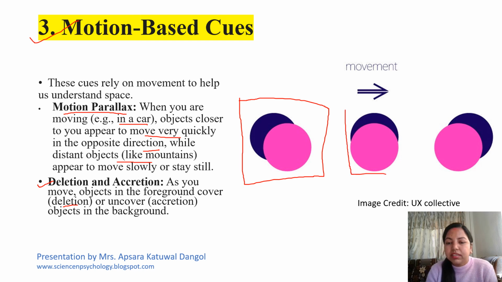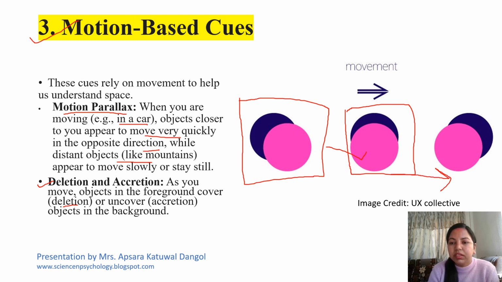You feel like the first one is closing in on the next one, right? So it is deletion. But then you move again, and you feel like the image has increased. That is the accretion of the object in the background. So this is the concept of motion parallax and deletion and accretion.